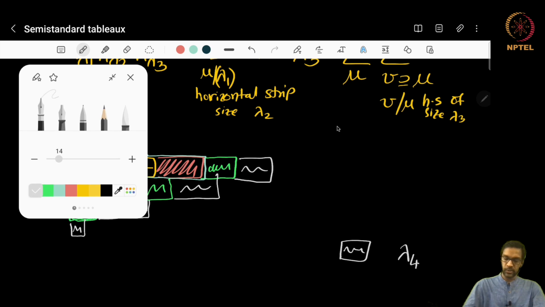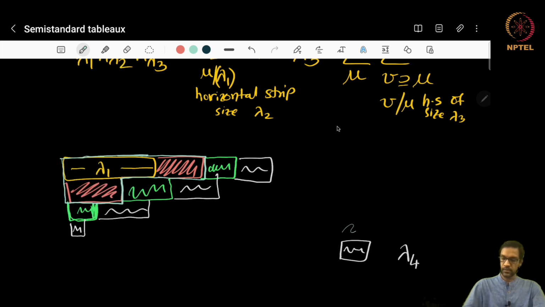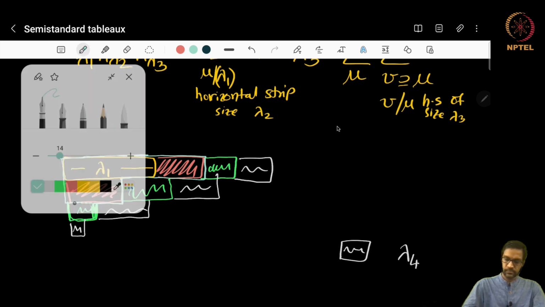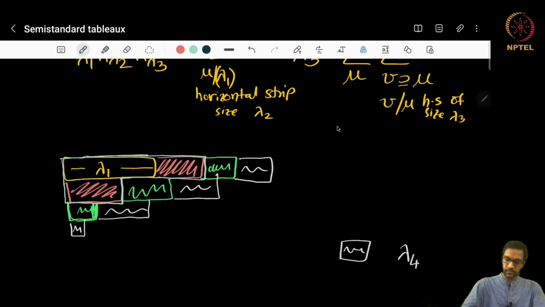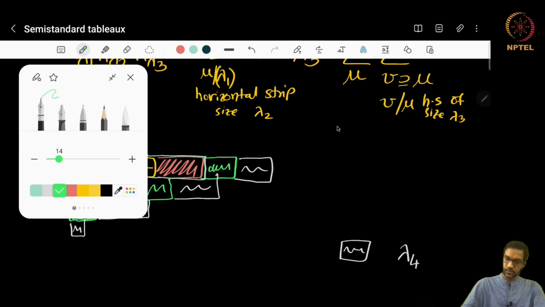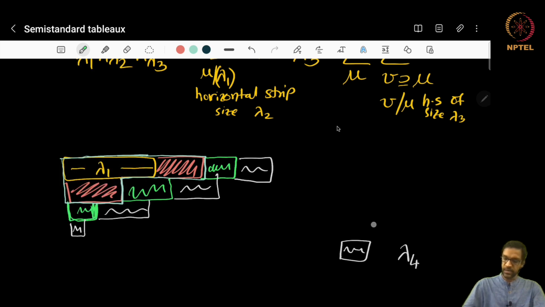Okay, how many green boxes did we attach? Green boxes were lambda 3 in number.